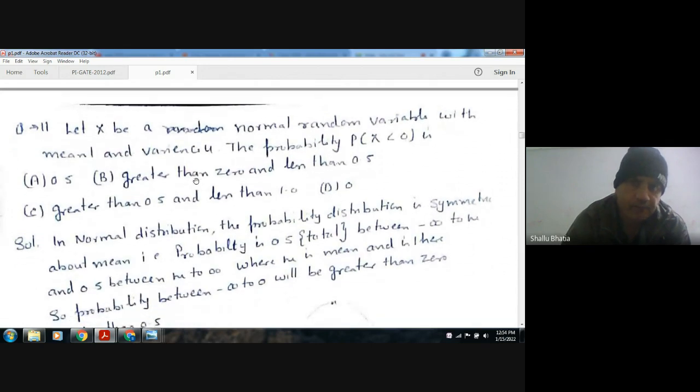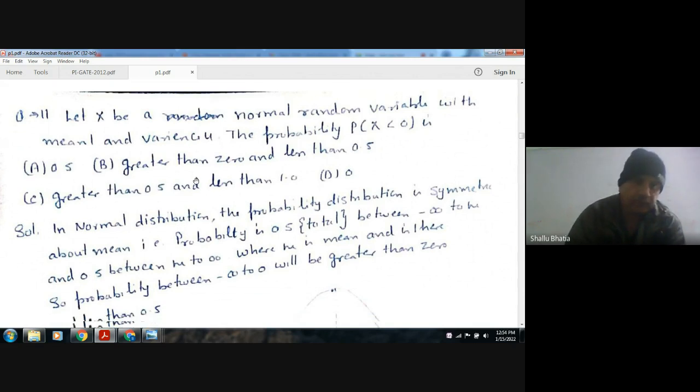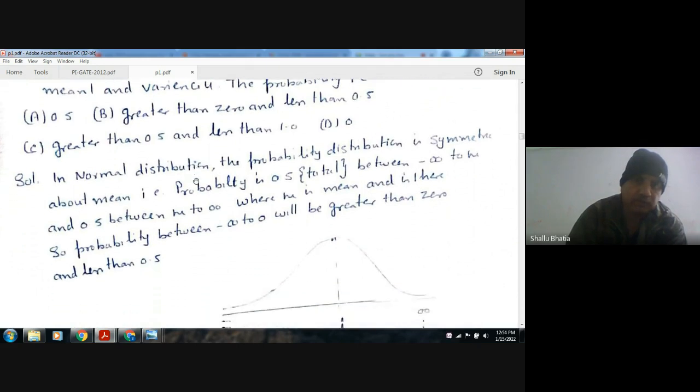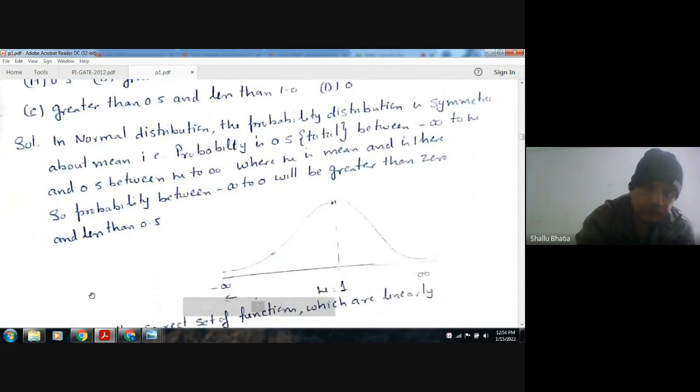Next, let X be a normal random variable with mean 1 and variance 4. The probability of X less than 0 is: option A 0.5, option B greater than 0 and less than 0.5, C greater than 0.5 and less than 1.0, D 0. In a normal distribution, the variation of probability is shown by this figure. It is 0.5 on either side of the mean.